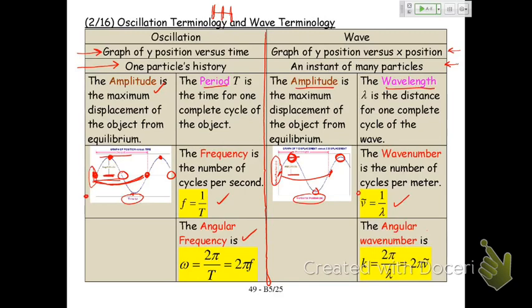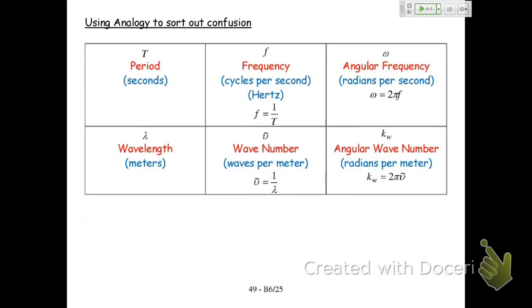And what I've done is I'm really comfortable on the left-hand side, and if in doubt, I use analogies on the right-hand side, as we'll see. I'm going to show you this in a minute. So we have period is like wavelength, and frequency is like wave number, and angular frequency is like angular wave number.